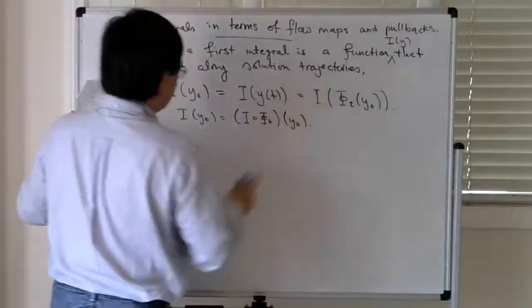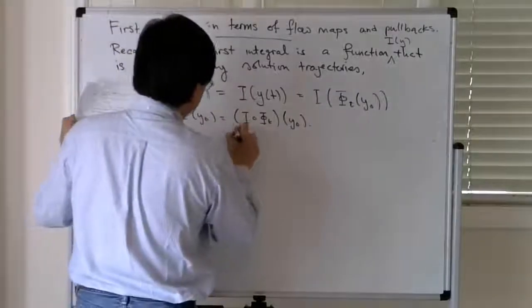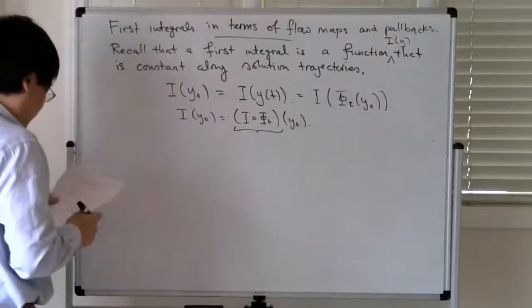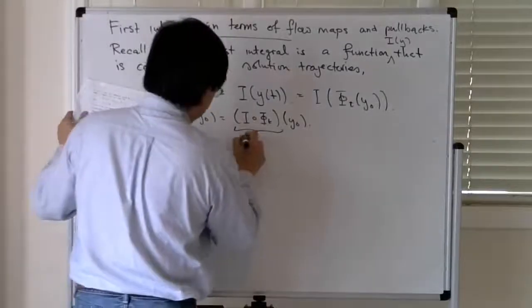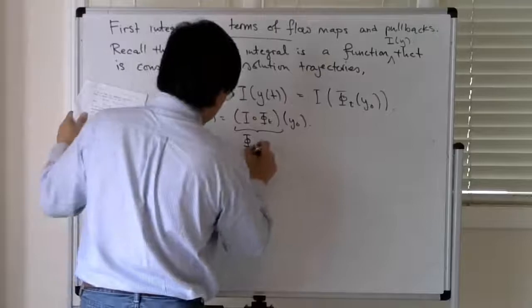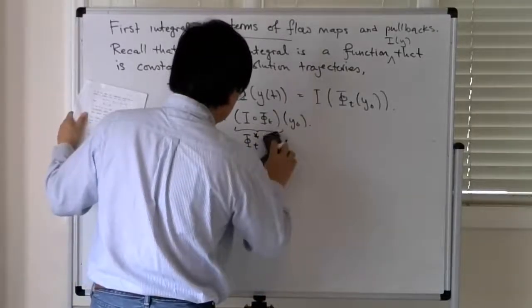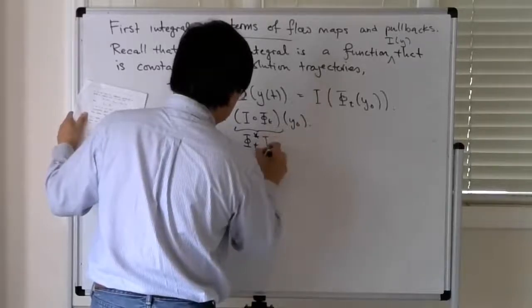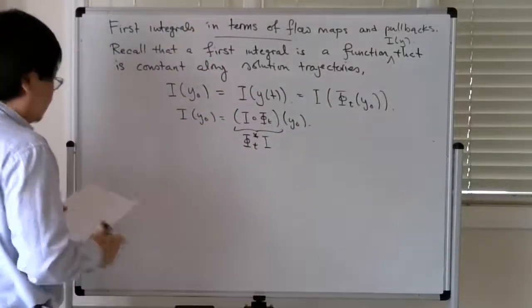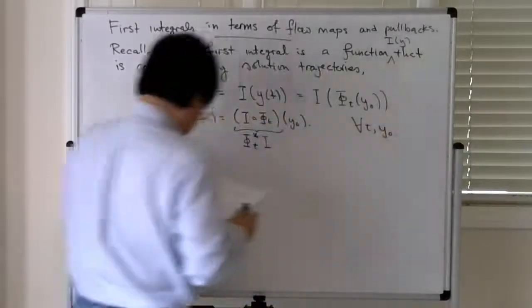Okay, so this object here, I composed with phi of t, I'm going to write in the following way. It is the pullback of the map I by this map phi of t. Okay, so this is how we write this. And this has to be true for all t and y0.